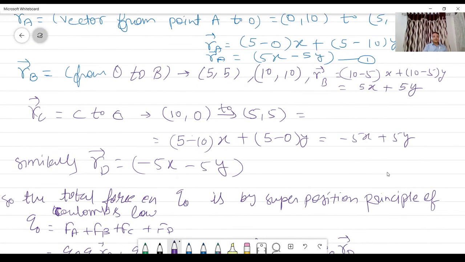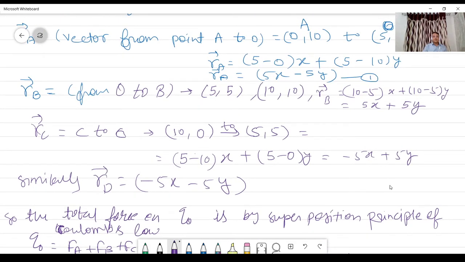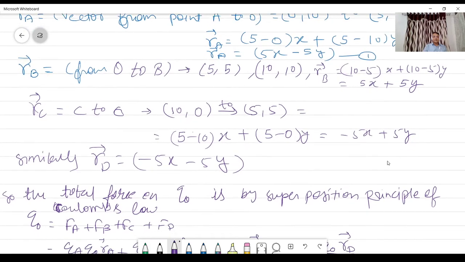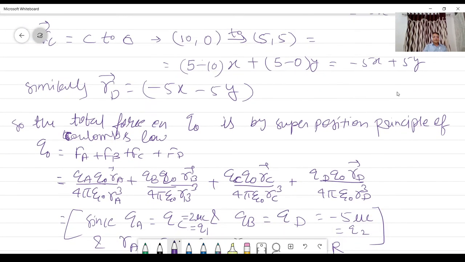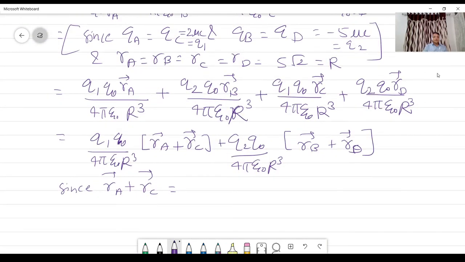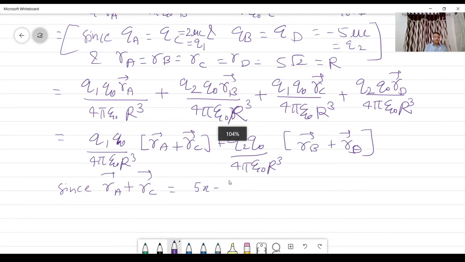The value of RA is 5x minus 5y, and the value of RC is minus 5x plus 5y. So this is going to come to 0.